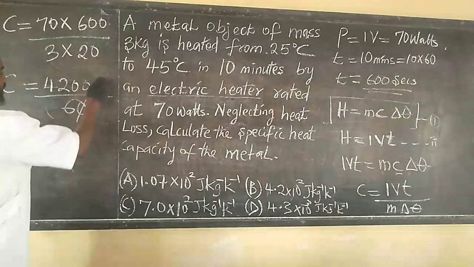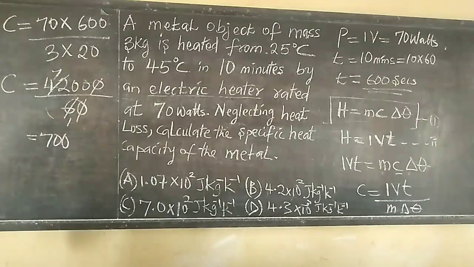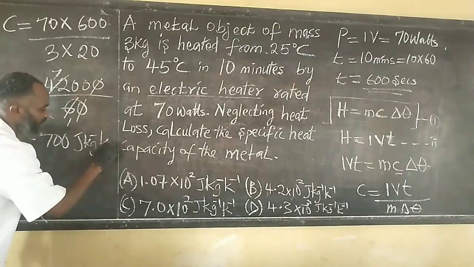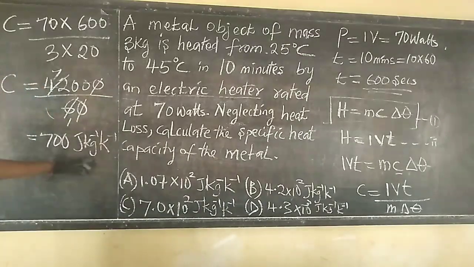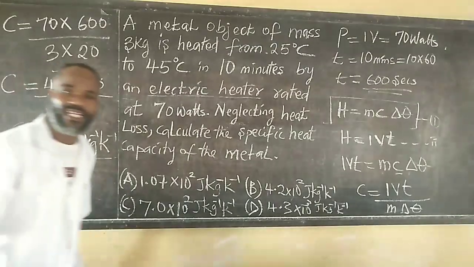So we can cancel this and cancel that. 6 divides itself, and 6 divides 42 to give 7. So we have 700. So what happens is just 700 joule per kilogram per Kelvin. That's it.